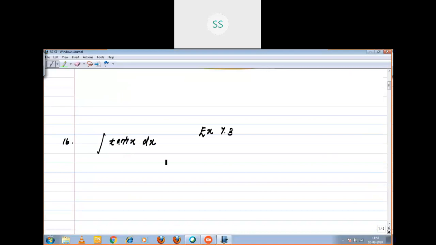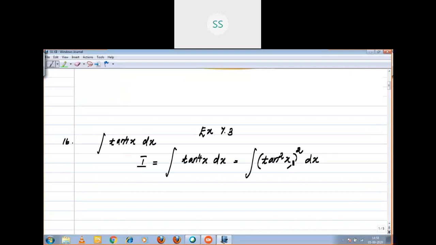Now, I is equal to integral tan power 4x dx, equal to integral tan square x the whole square. Tan power 4, I apply the law of exponent, I wrote like this, right?